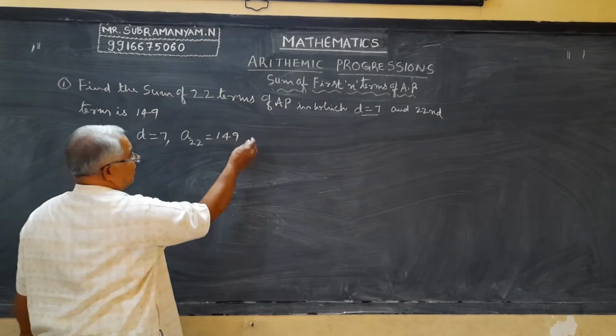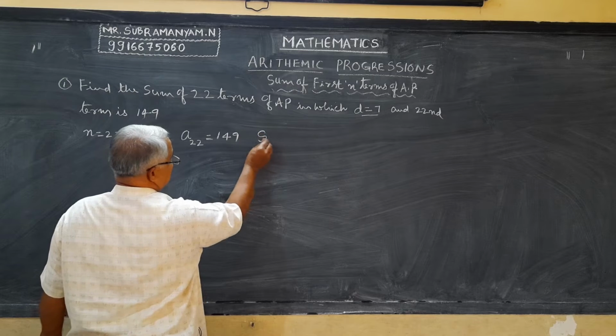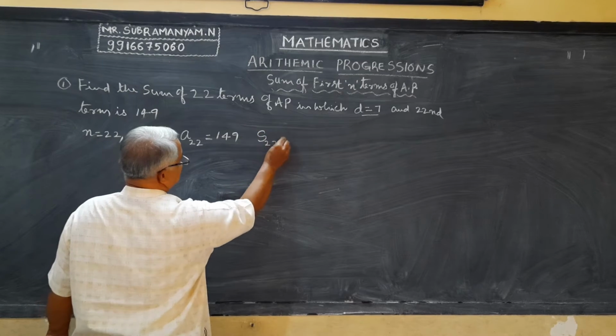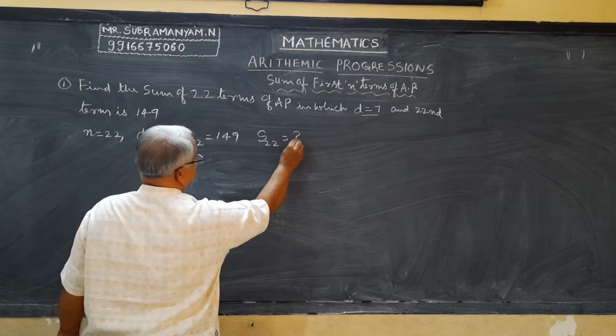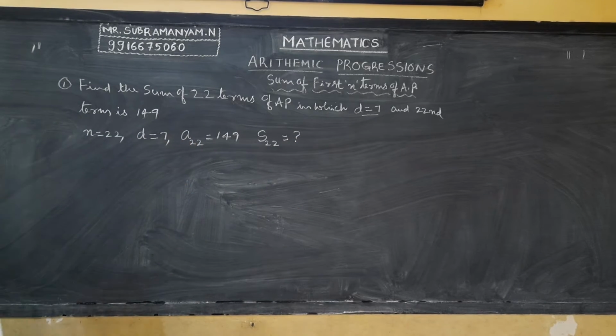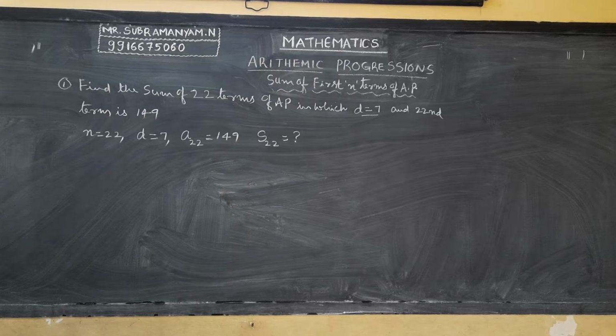Find the sum of 22 terms. With the given data, n equal to 22, d equal to 7, a22 equal to 149, we have to find the value of S22. So here, the data that is missing is a, the first term.